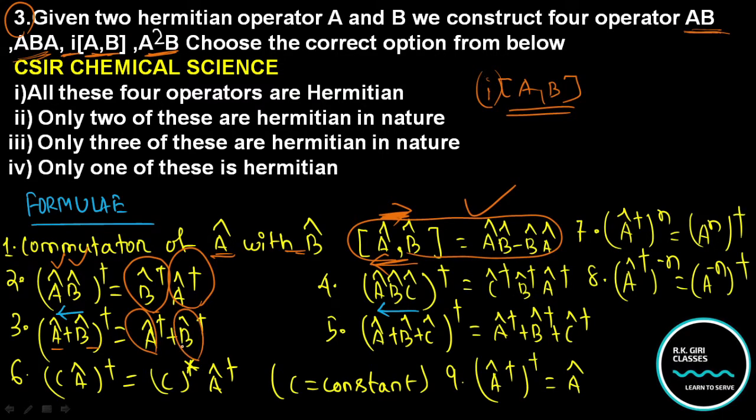Because in this case, point number 2 was multiplied, and the dagger rule says you move from right to left, individual dagger, then multiply. And if you have a constant, like h by 2 pi, not an imaginary part, it is represented in your constant part, and you give the conjugate symbol there.